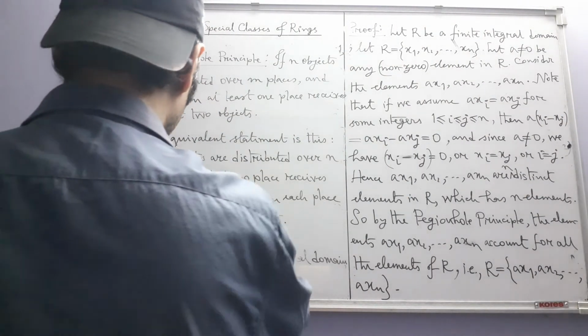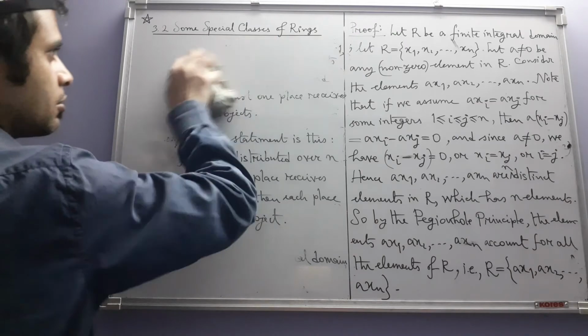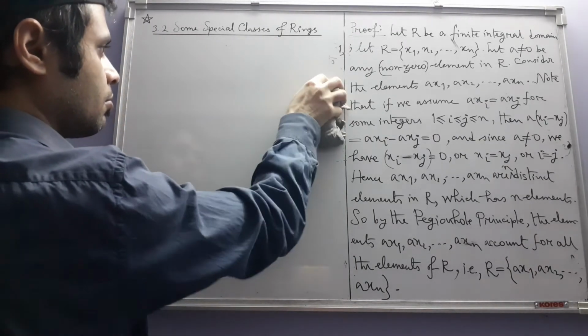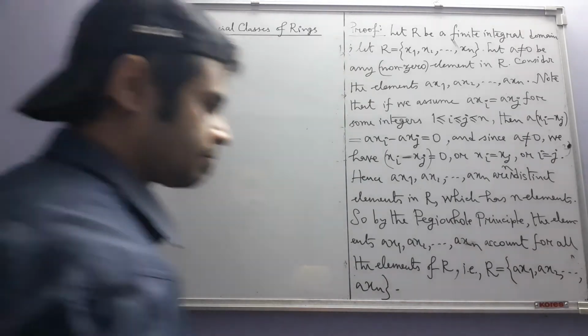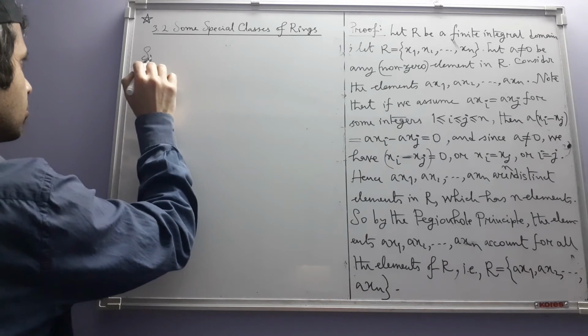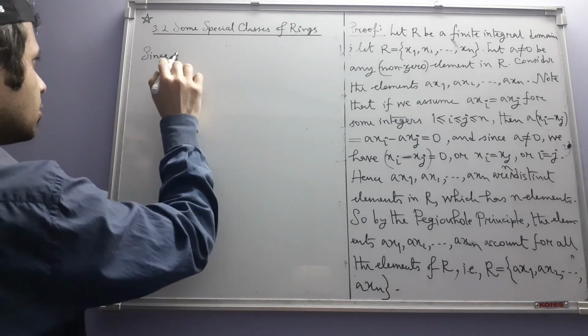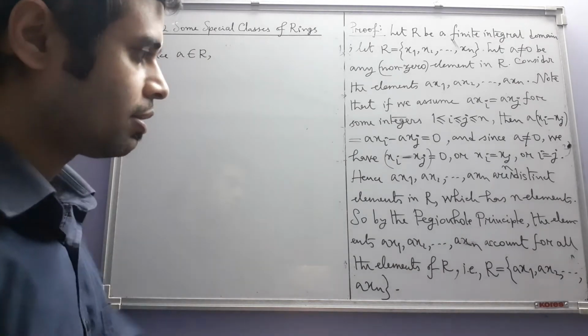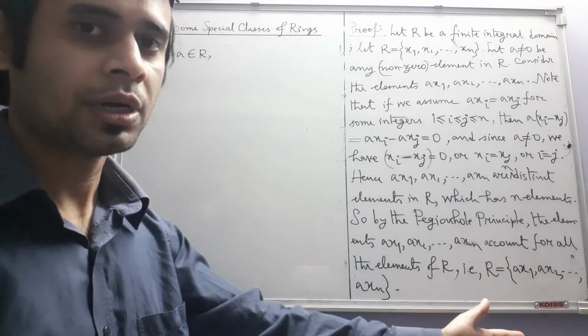Then what do we get from this? Since a belongs to R, a will also be a multiple of a, some multiple of a.